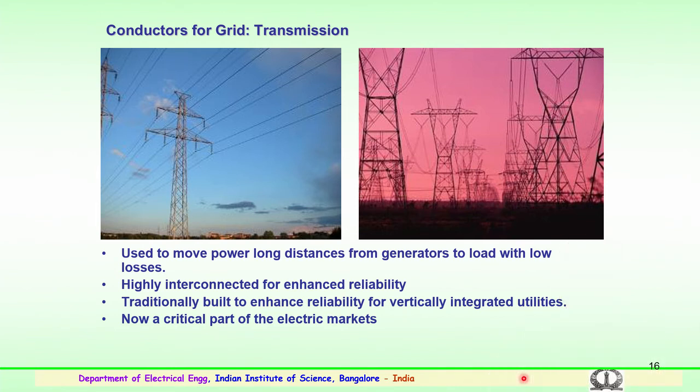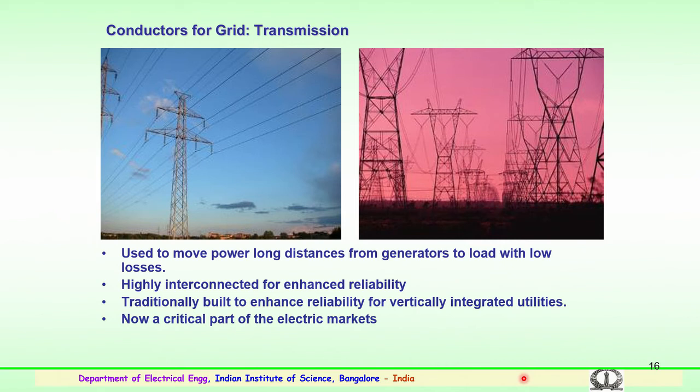So, conductors for the transmission, that is the UHV and EHV transmission, are of various types. These conductors help in transferring the power over long distances from the generating stations to the load centers. Load centers could be domestic, industry, agriculture, or many of these things. So, we have to keep in mind the conductors have to be designed for carrying more power with low losses.